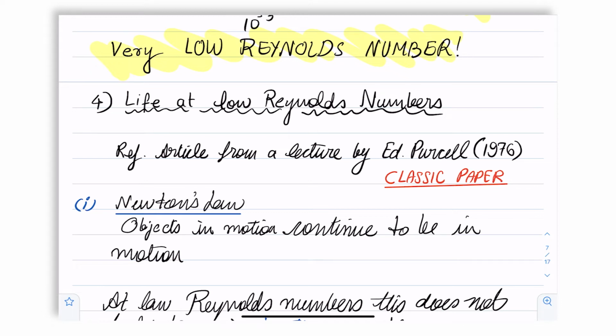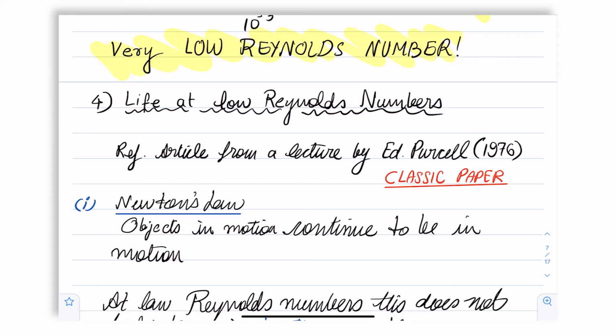It took the work of Ed Purcell in 1976, in a classic paper, which is in fact the text of a speech he gave, to highlight the special properties of such low Reynolds numbers.